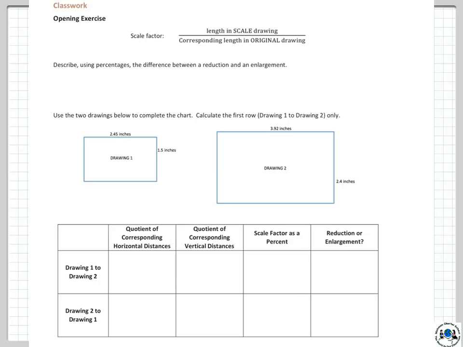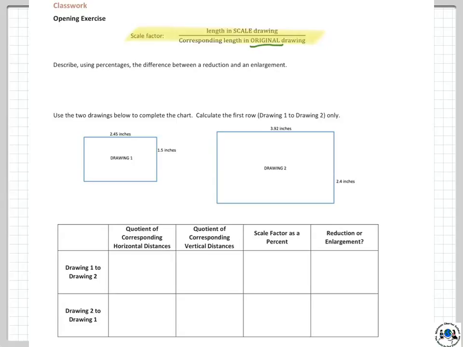Okay, here we go. Here is our opening exercise and a little reminder about scale factor and how we get scale factor. Of course, that is the length in the scale drawing and the corresponding length in the original drawing.